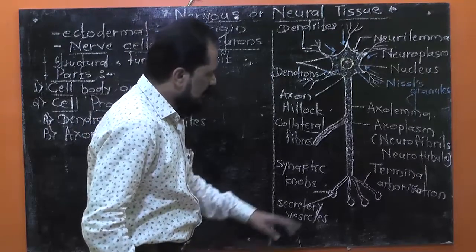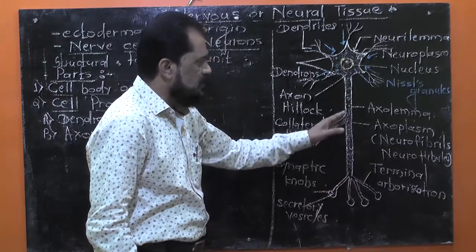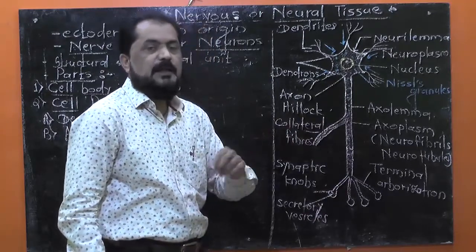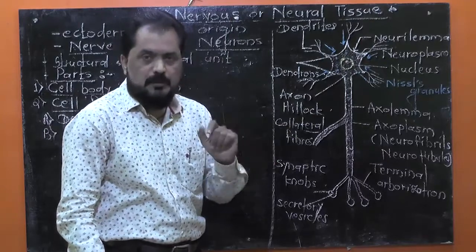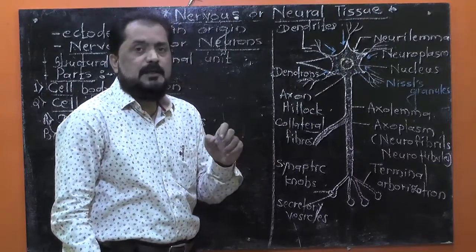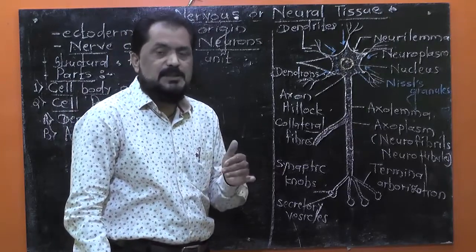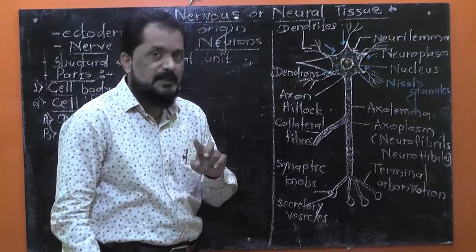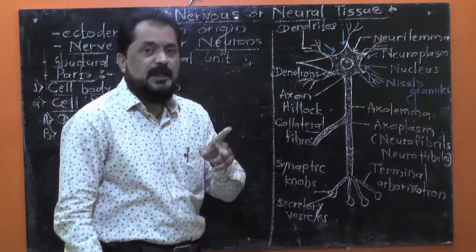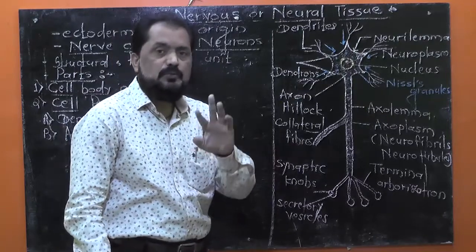Now these terminal arborizations, that is the terminal branches of the axon, are connected with the dendron of another neuron, or it may be connected with the axon of another neuron, or maybe simply the cyton of another neuron. But there is no direct and physical contact between the two successive neurons.